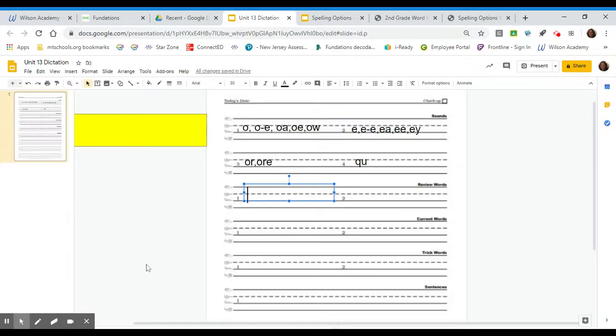Now for review words. Be my echo. Storm, storm. Go ahead and write the word storm. This is a review word.